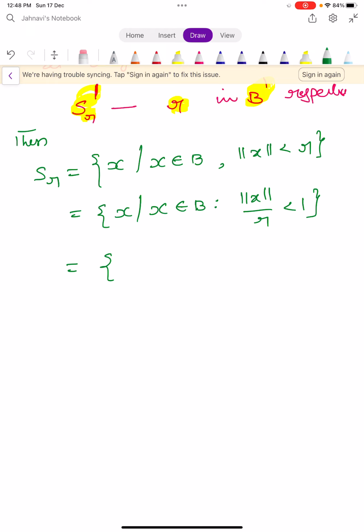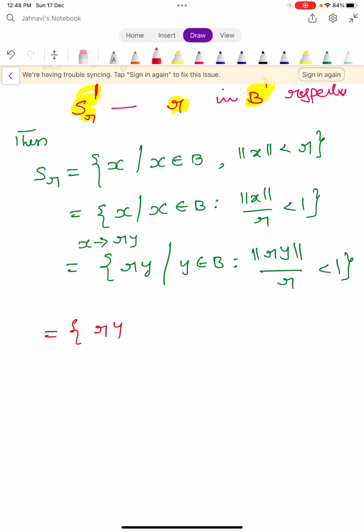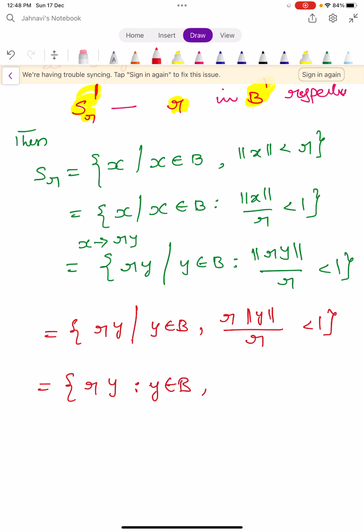Now replace X by Ry. Ry such that Y belongs to capital B, norm Ry divided by R is less than 1. It can be written as the set of elements Ry where Y belongs to capital B and R into norm Y divided by R is less than 1. This is nothing but the set of all elements Ry such that Y belongs to capital B and norm Y is less than 1.